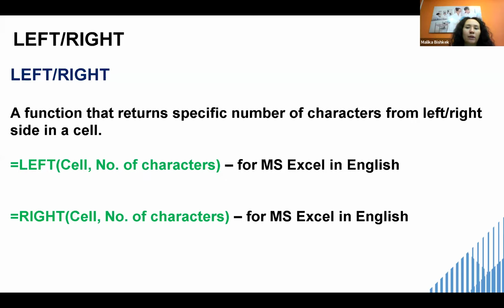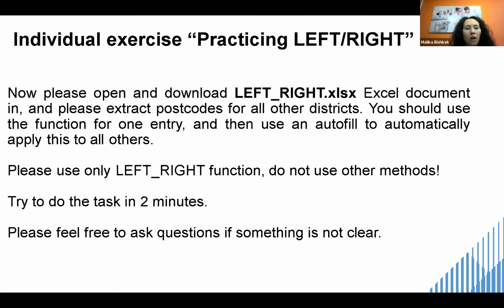It may be appropriate when we want to know, for example, the city code, or maybe we need some information only in the beginning. And the same thing is done for right. For example, if we need only what is written in the right of the document.